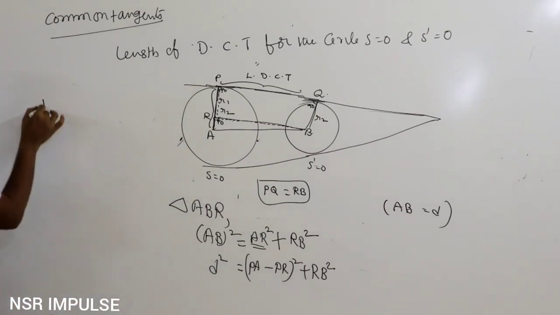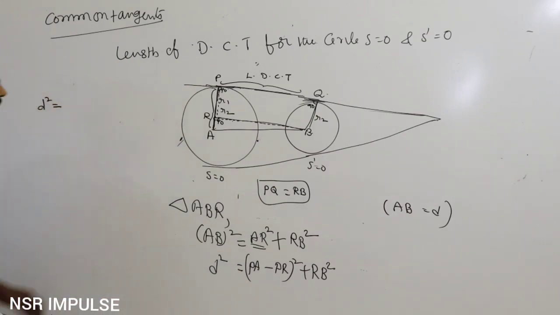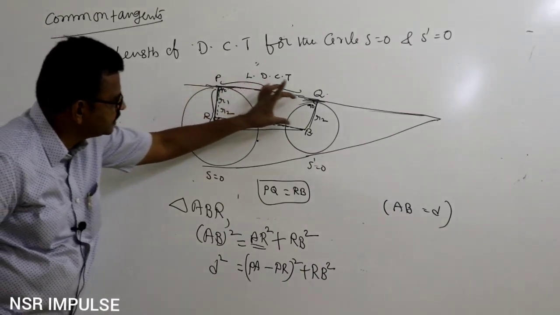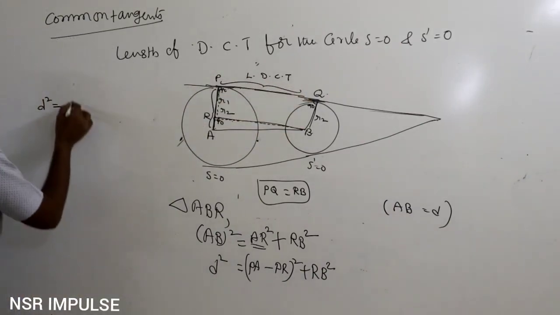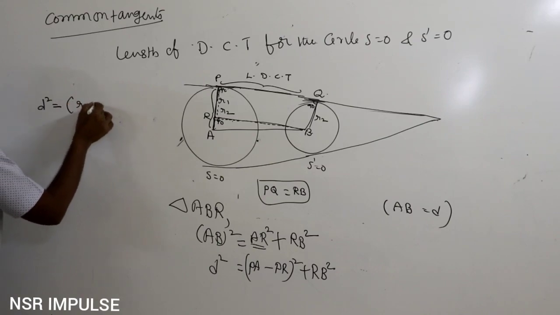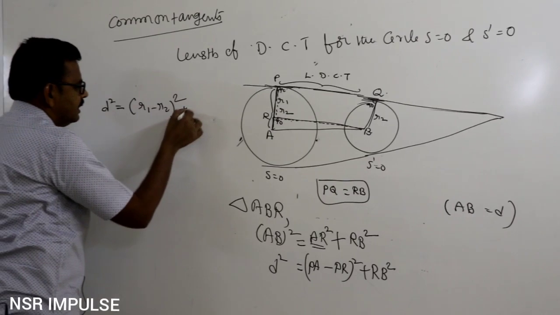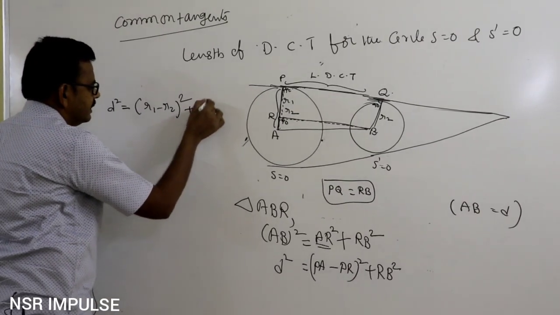Therefore D square equals R1 minus R2 whole square plus RB square, because these two are parallel.